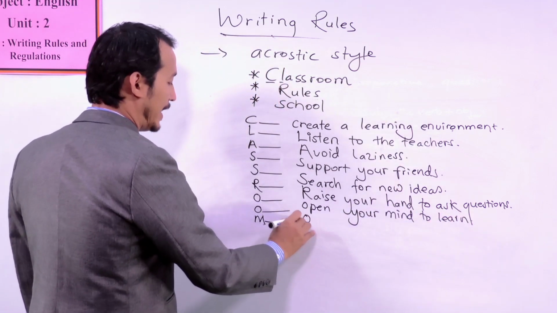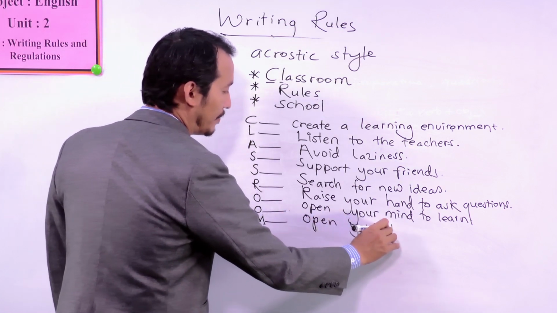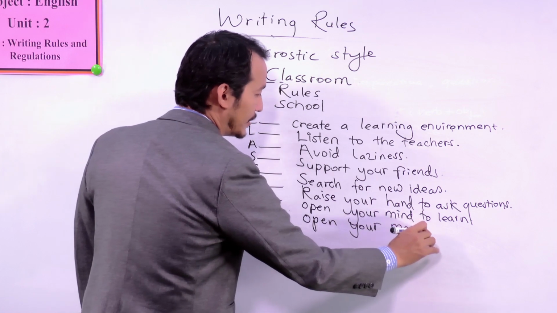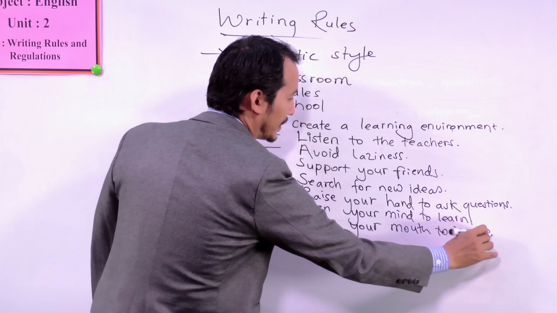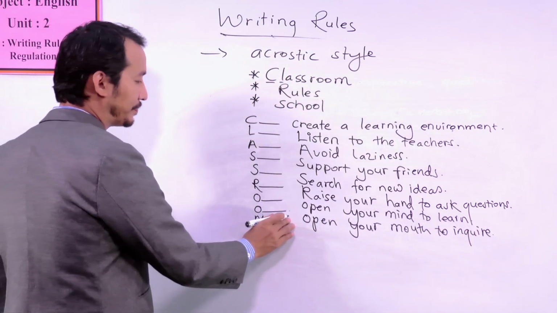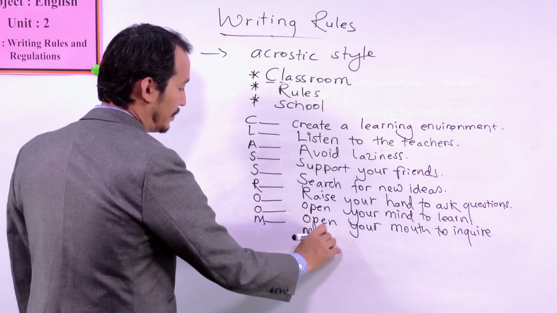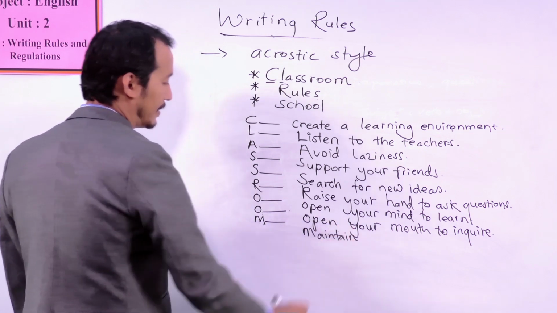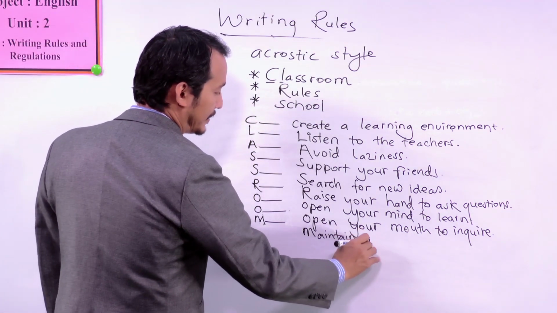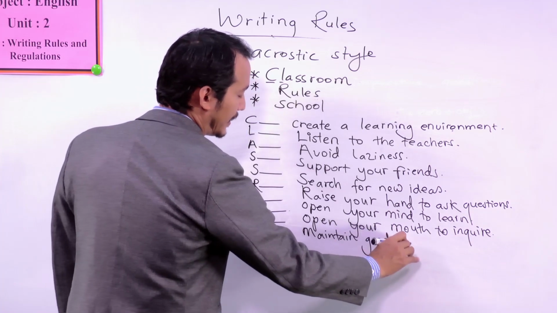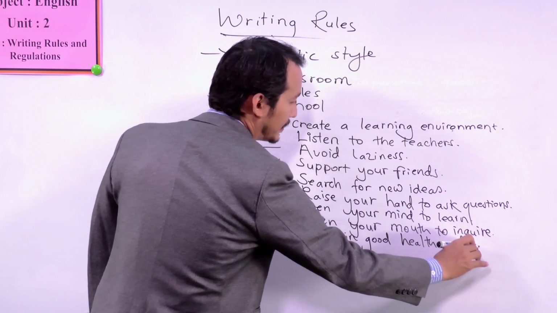Another O can be open your mouth to inquire. From M, you can say maintain good hygiene, health and hygiene.